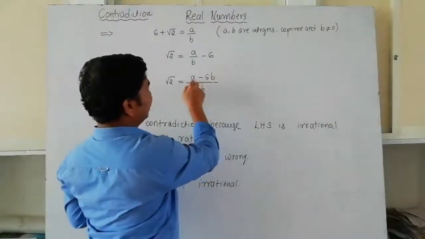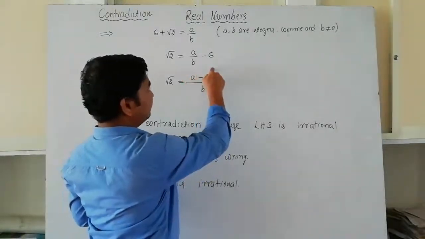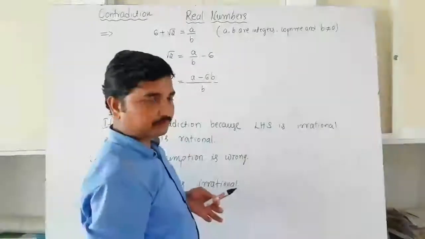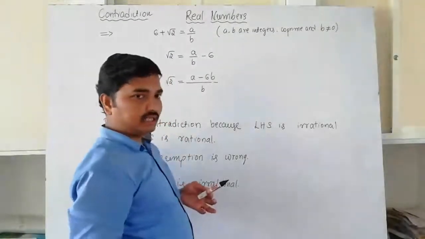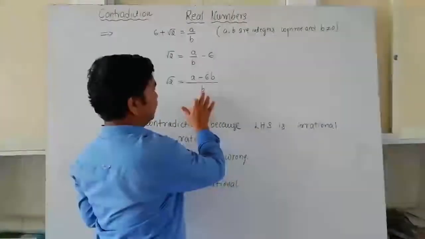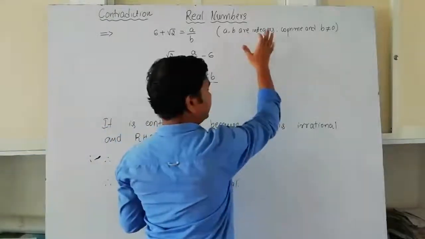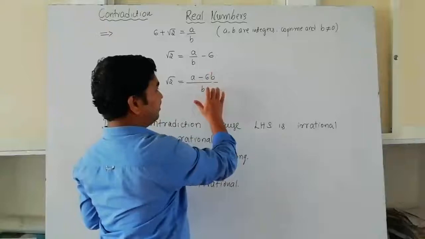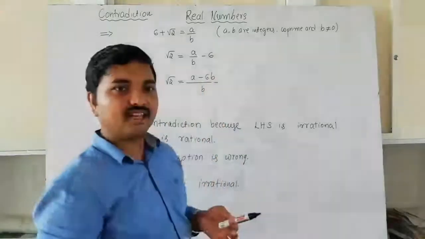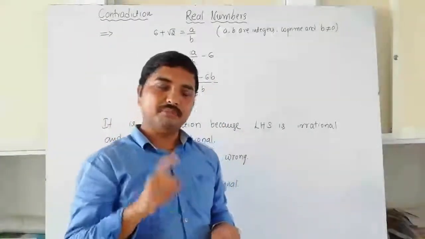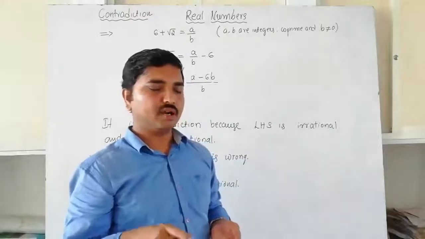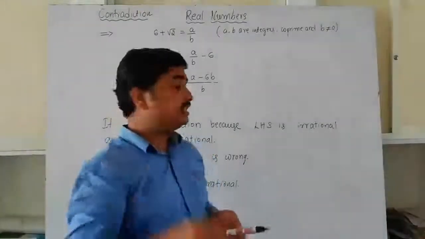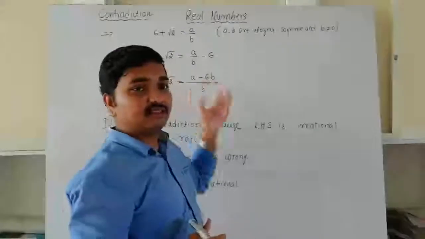Okay, so now look at here. 6b is integer, a is integer. Integer minus integer is equal to what? Integer. Okay, so in the denominator b is present. b is actually what? Integer. It is taken initially. Now it is like this: integer by integer. Integer by integer means it is in the form of p by q.